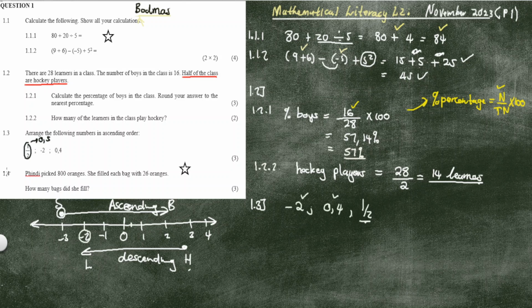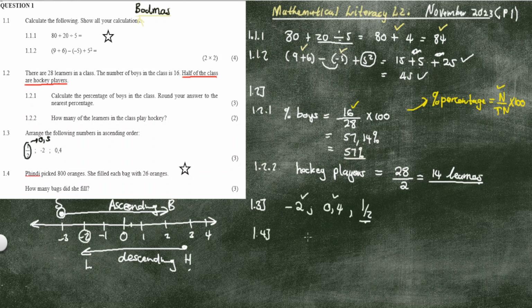Now, 1.4, we see Pindi picking 800 oranges. She filled each bag with 26 oranges. How many bags did she fill? All right, so in this scenario, we have a total of 800 oranges.